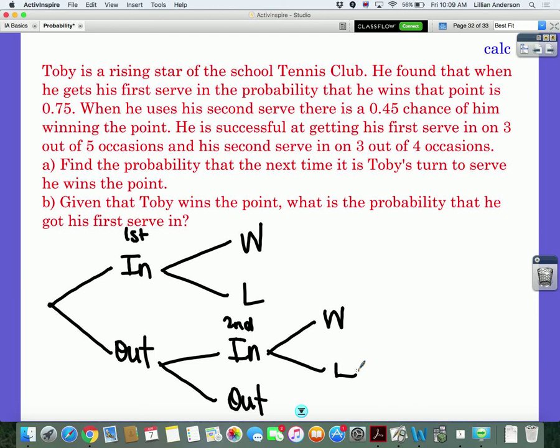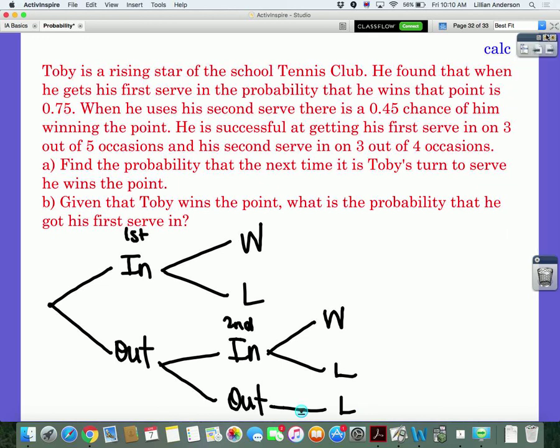You hit it the second time and it goes out. You lose the point regardless. And then it's 15 love, or love 15. You lose the point. Okay? And that's how this tree diagram looks. Not your standard basic tree diagram, but this is still a tree diagram.